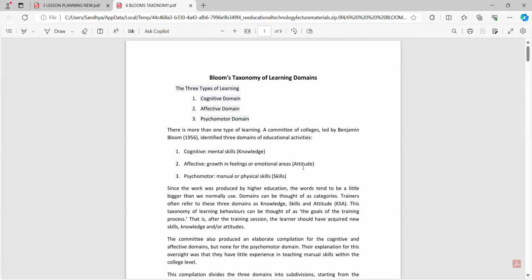That's the challenge. But most of the time, teachers look only at the head related, knowledge related, cognitive domain. It is absolutely wrong. So you have to think of what skills and what attitudes they develop with the knowledge that I give them. Is it clear to you?